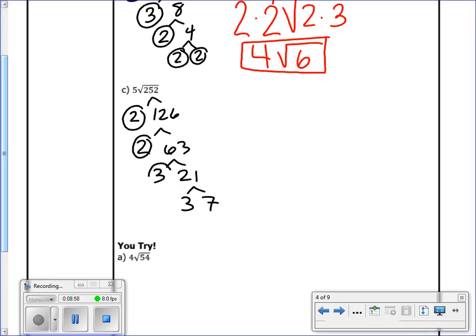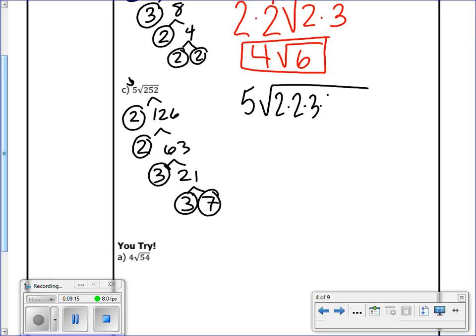Circling my prime numbers as I go along here. I am now going to put these back into my square root. But remember, I'm putting this 5 that we have out in front. And we have a 2, a 2, a 3, a 3, and a 7.